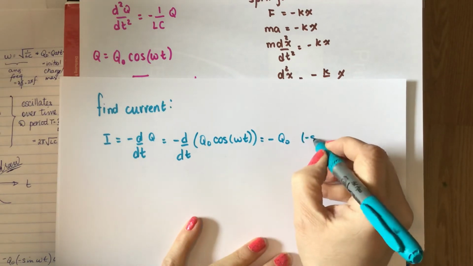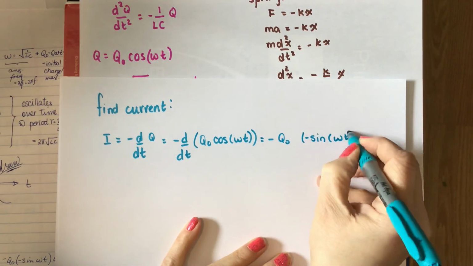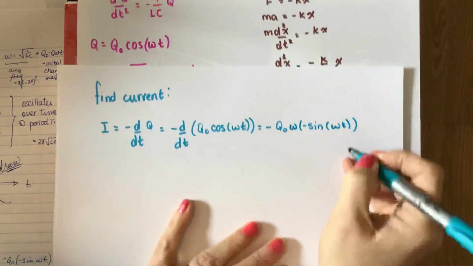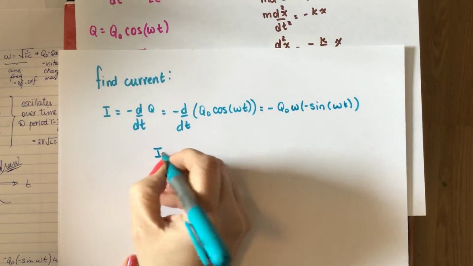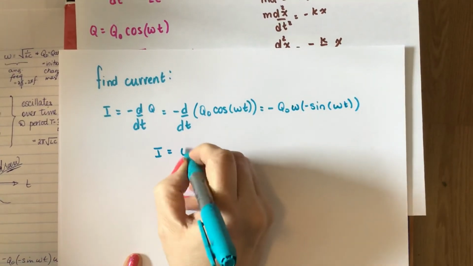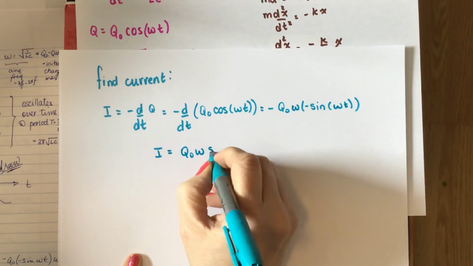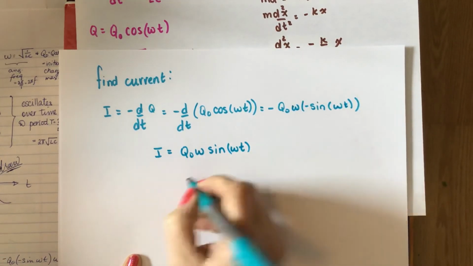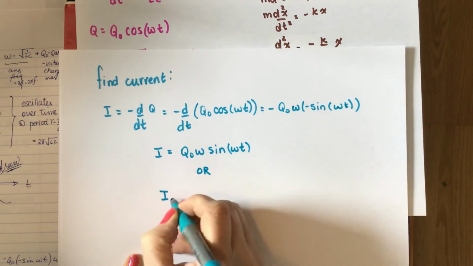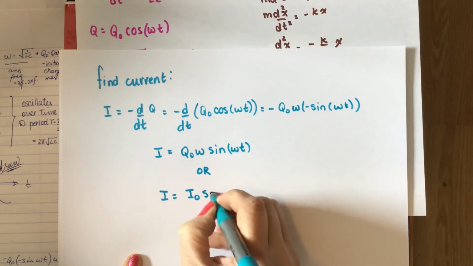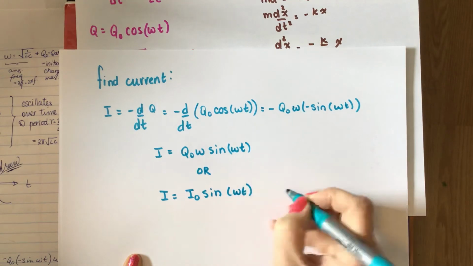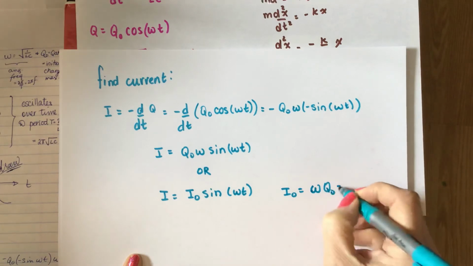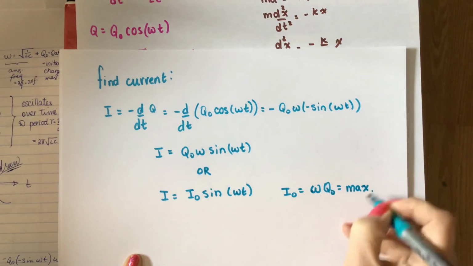I always forget that for a moment. Then we have to take the derivative of the argument. The derivative of omega t is omega. That leads us to I is equal to minus times minus is a plus, q0 times omega times sine omega t. This equation is fine as is, or you could write it as I equals I0 sine omega t, where I0 equals omega times q0, which is the maximum current of the circuit.